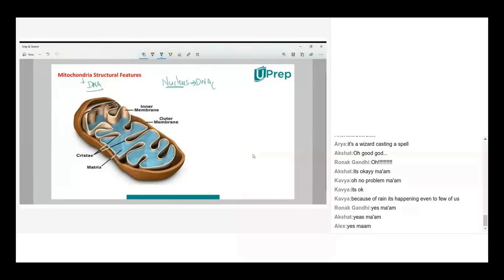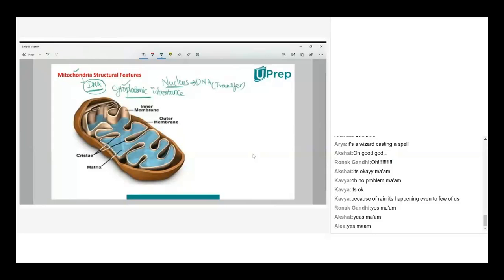But the DNA which is there in mitochondria, we call it cytoplasmic inheritance. If any character or feature is inherited because of the mitochondrial DNA, then such inheritance we call cytoplasmic inheritance.